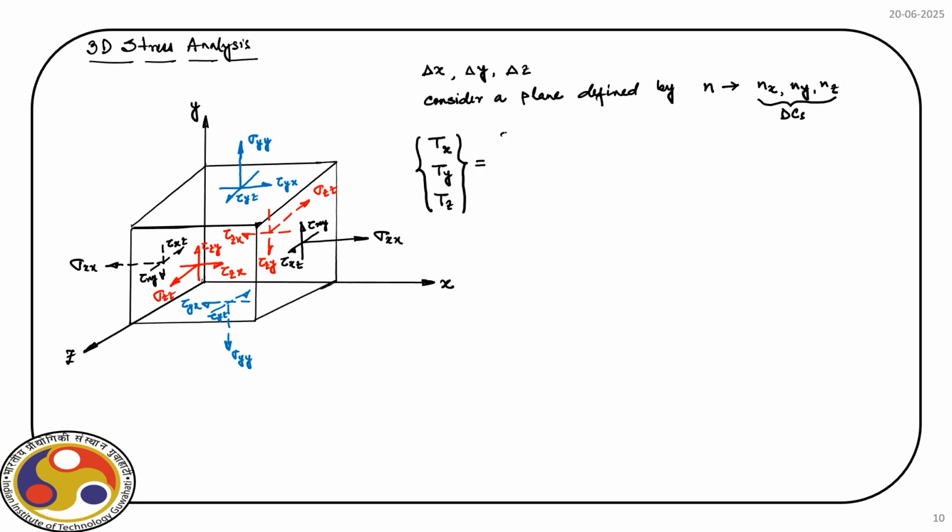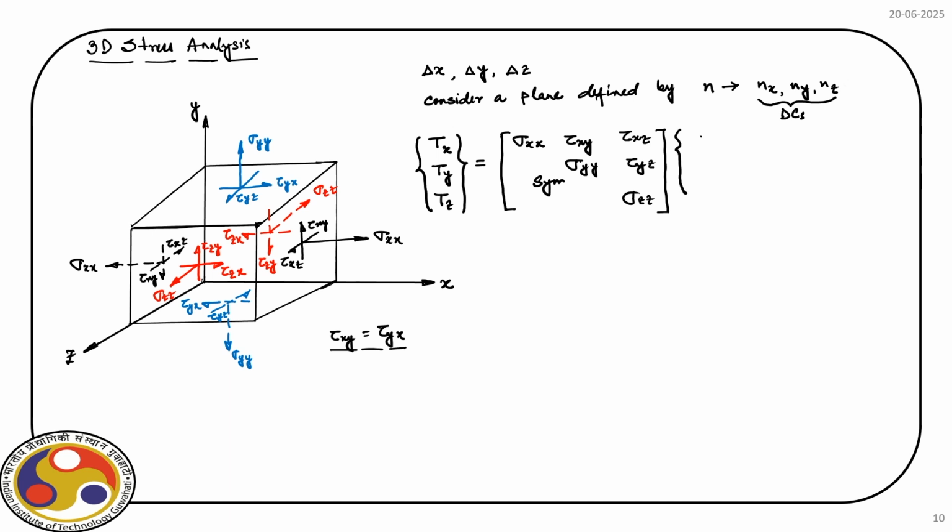What is that quantity? We have the stress field. This is sigma xx, tau xy, tau xz, then sigma yy, tau yz, sigma zz. It's a symmetric matrix. For the time being, let us assume that tau xy is equal to tau yx. That we will prove, and the same for the other two components of shear stress.